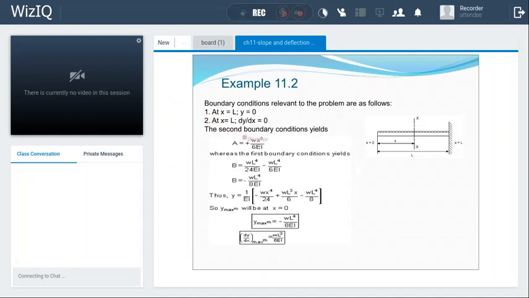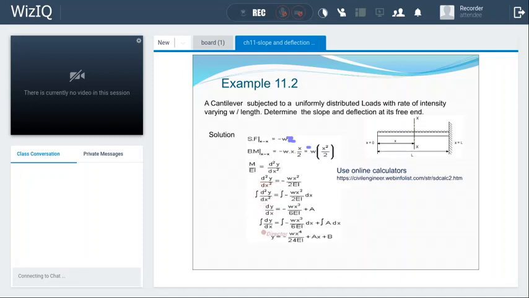So here we have this value, L cube, whereas the first boundary condition yields these values, and we can see here the value of B is calculated from the second equation.